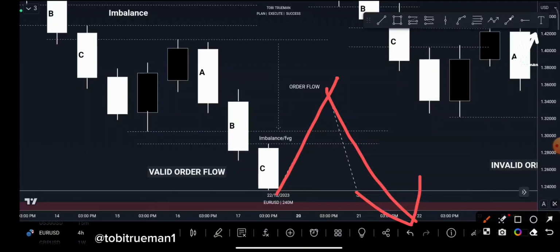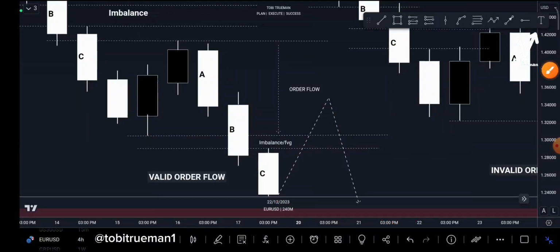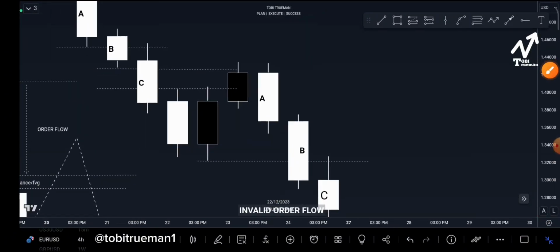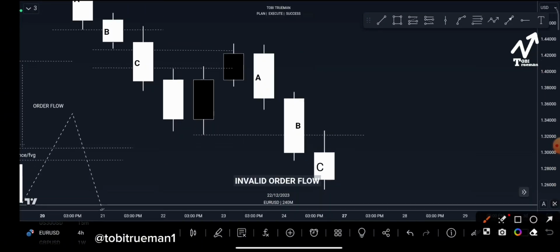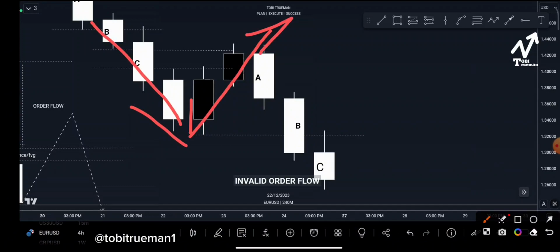It is not a perfect way to trade, but it's very good to know. This is what we call an order flow. This is a valid order flow, as I have mentioned here. Now coming to this place, you can see this is an invalid order flow. What do we mean? Price was making a downward movement, retraced, which is a corrective move, and then when price broke the lower low, this is what happened.